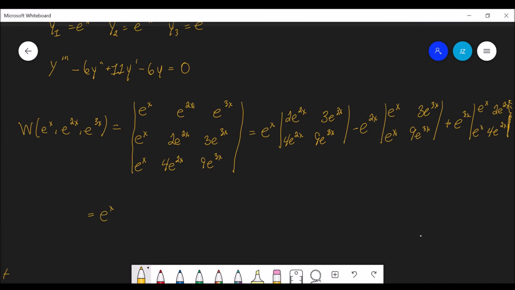So we'll get e to the x times, take a look at this first determinant, 18e to the 5x minus 12e to the 5x, sorry, not 6x, 5x.